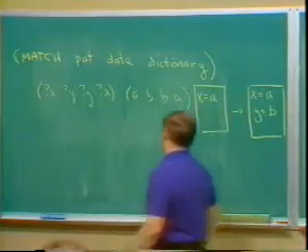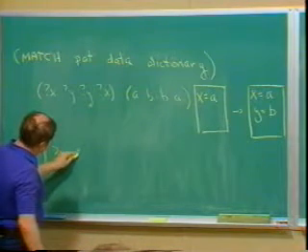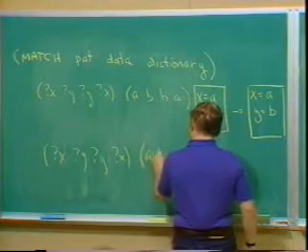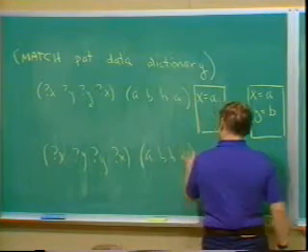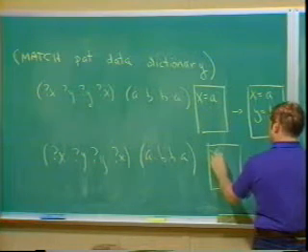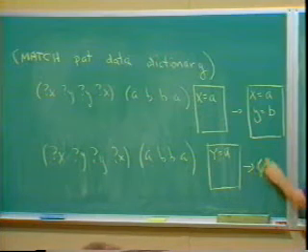So for example, if I use the same pattern here and ask does X, Y, Y, X match A, B, B, A with the dictionary Y equals A, then the matcher would put out fail.